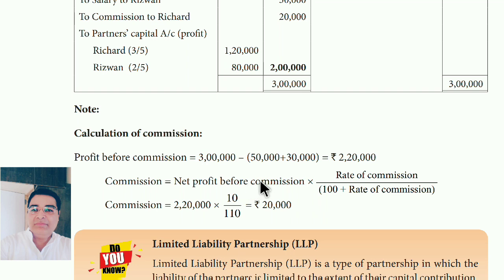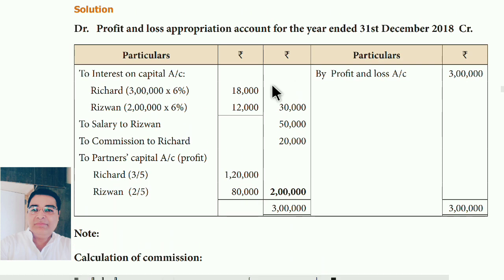So after commission means 10 by 110. So 2,20,000 into 10 by 110 is 20,000 rupees. This 20,000 rupees we write as commission. From this 3 lakhs minus this 1 lakh, you will get 2 lakhs. This 2 lakhs divided in the ratio 3 by 5, 2 by 5: 1 lakh 20,000 and 80,000. Now understand? Very good, students.